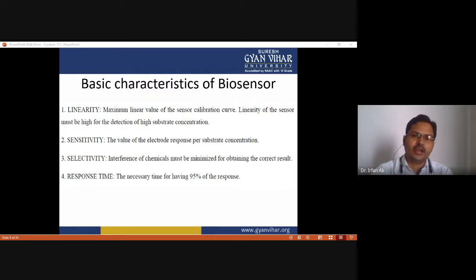So that's why we have to discuss here the properties of a good biosensor, and how we can improve these biosensors, because there are so many sophisticated applications where we can successfully utilize biosensors.